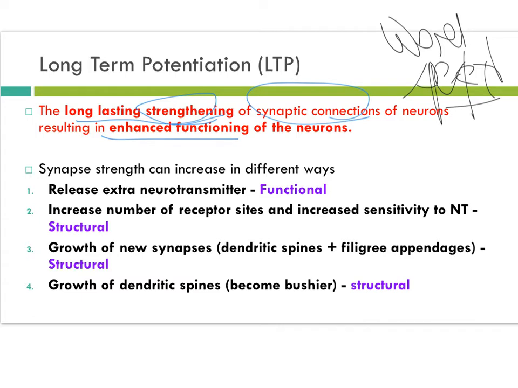Now, every time you stimulate that particular circuit, what's actually occurring at a synaptic level is the strengthening of these connections. Now, the strengthening of those connections are these things down here, okay? So we can have the functional changes and the structural changes. So your synapses are changing because of this practice. And what that actually leads to is a more efficient or faster communication between neurons. So the transmission is faster.